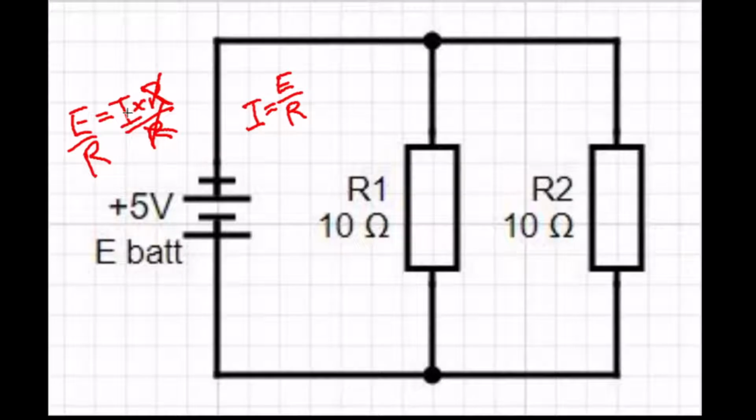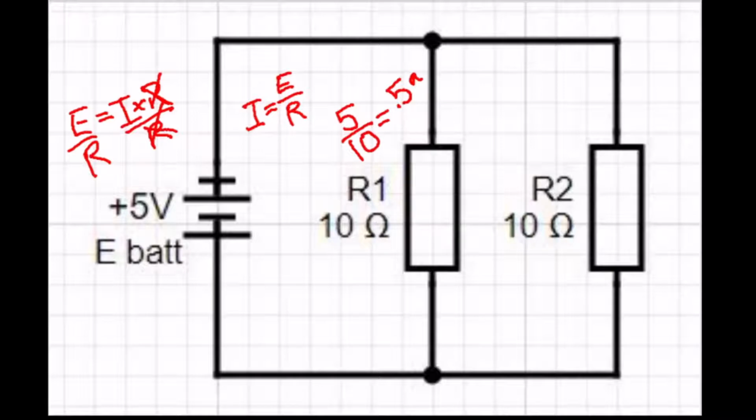So we have I equals E divided by R. Okay, so let's solve it for R1. We know that E is 5 volts, and we know the resistance is 10. And 5 divided by 10 is going to be 0.5 amps.